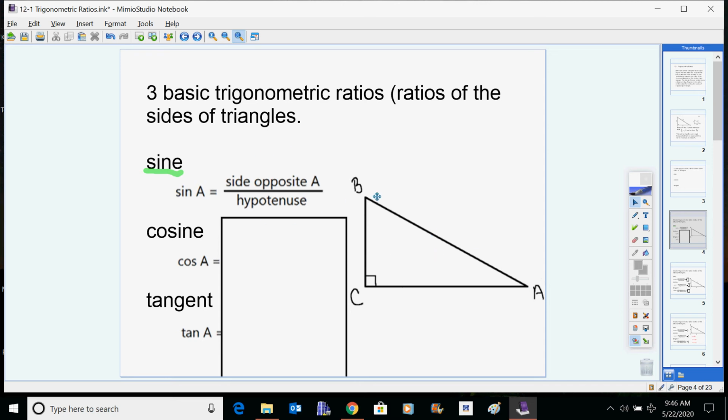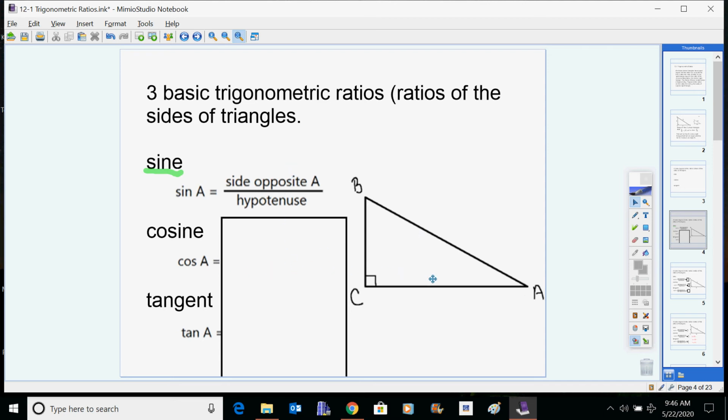So the sine of A is the side opposite divided by the hypotenuse. These are sides. These are not angles. So we have the sine of the angle is the ratio of the sides, the opposite over the hypotenuse.